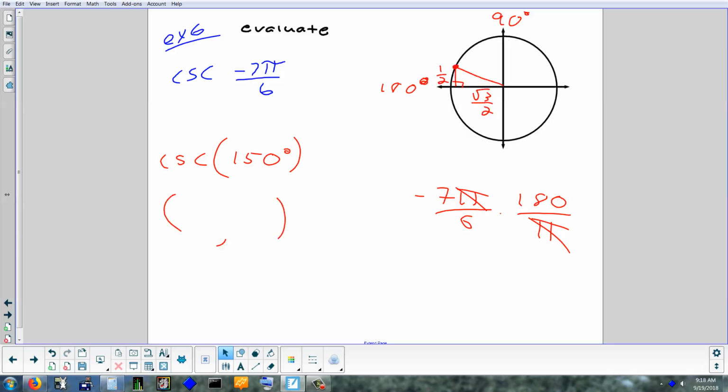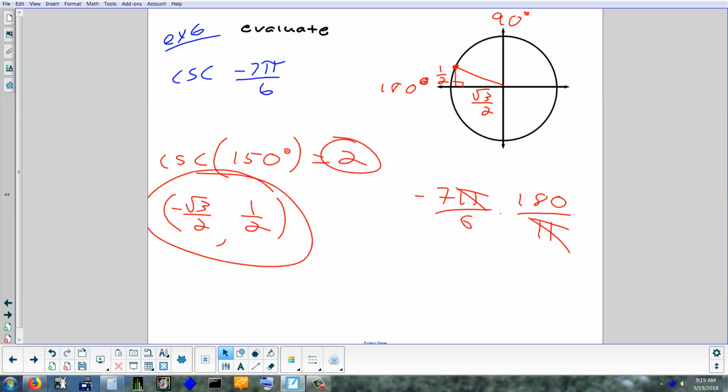So what's my coordinate for 150? Negative square root of 3 over 2. Yep. Negative square root of 3 over 2. Up a half, so I get the coordinate. Cosecant is when you, bless you. Cosecant is when you flip which one? Flip the y. When you flip 1 over 2, you get 2 over 1, which is just 2. Okay, any question on that?